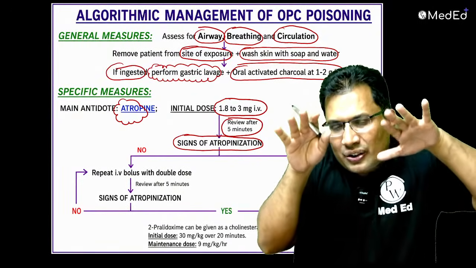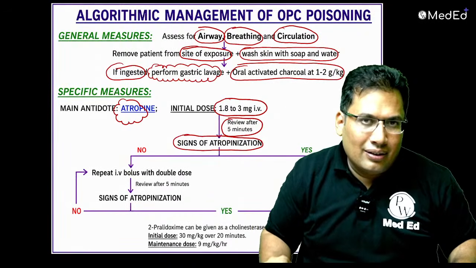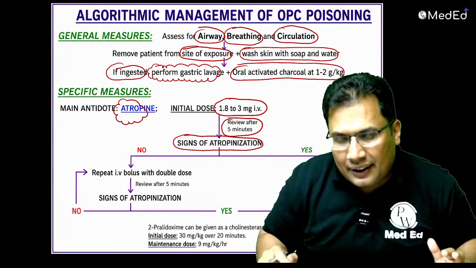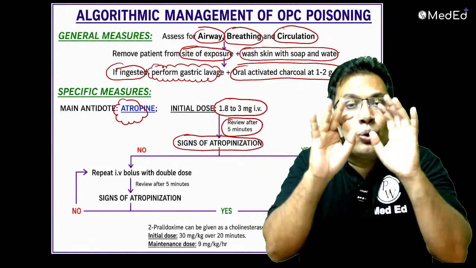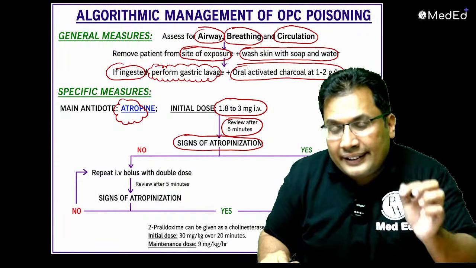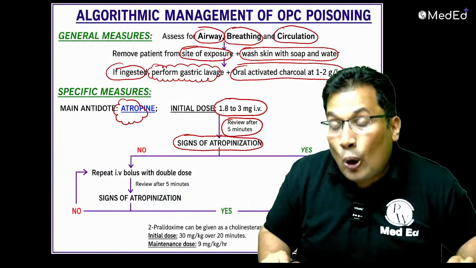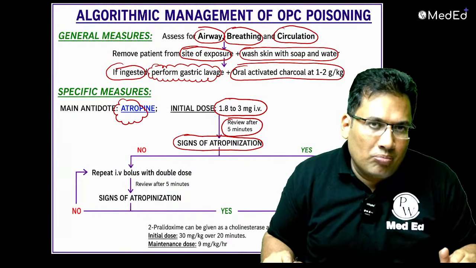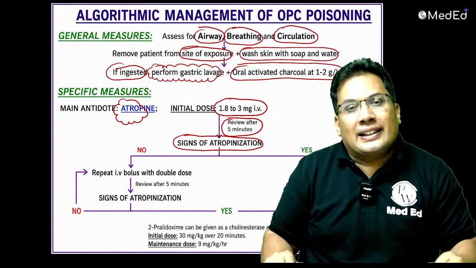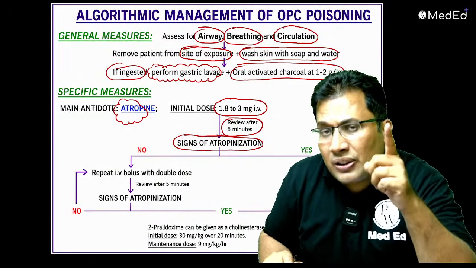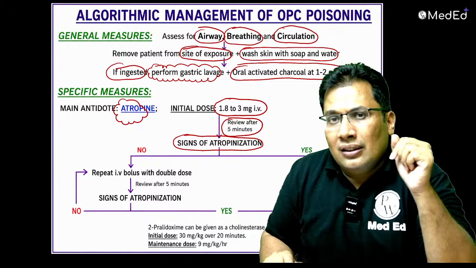All the secretions are going to be decreased. The airway is going to become dry. The chest is going to become clear. That is the indication of therapeutic stoppage of atropine. So this can be asked in your exam. The earliest response is pupillary response.